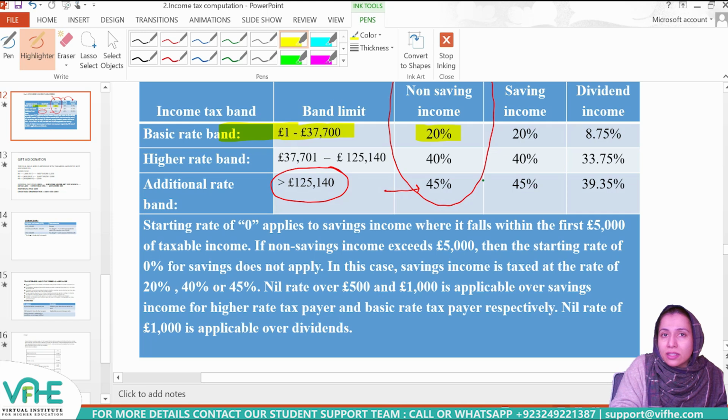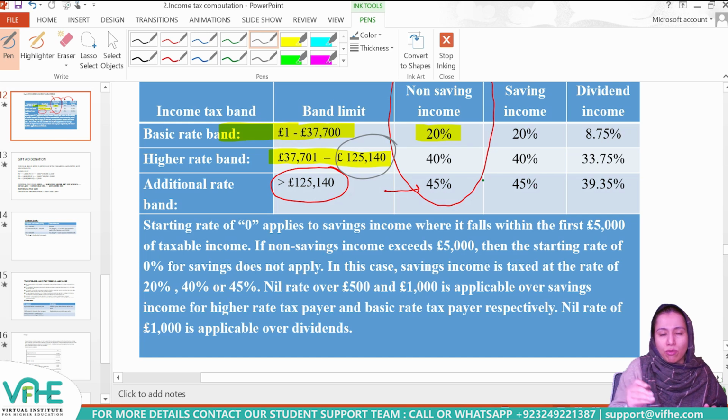In fact, this person's taxable income is greater than £37,701, but it's not going to cross the threshold of 125,140. So till £37,700, this person will apply the rate of 20%, and on the income in excess of 37,700, the next rate, the higher rate, shall have to be applied.